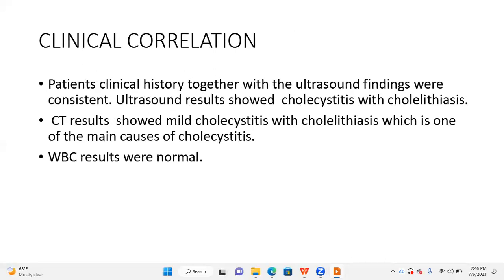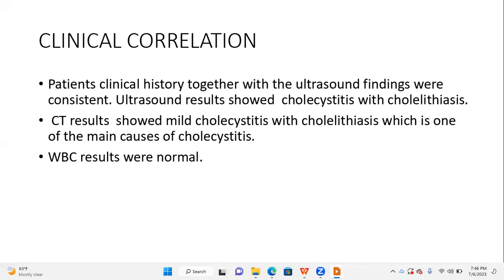The clinical correlation for this patient's clinical history together with the ultrasound findings were also consistent. The ultrasound results showed cholecystitis with cholelithiasis. The CT results also showed mild cholecystitis with cholelithiasis.